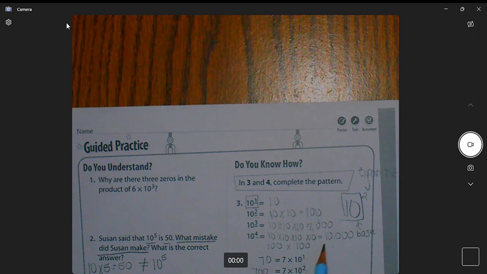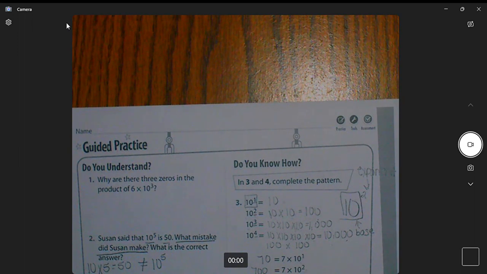I know my exponent tells me my zeros, right? At least for 10. The only rule that this applies to is when I'm using powers of 10.